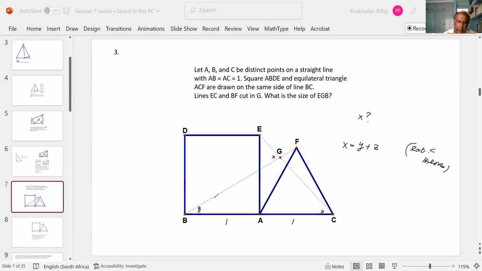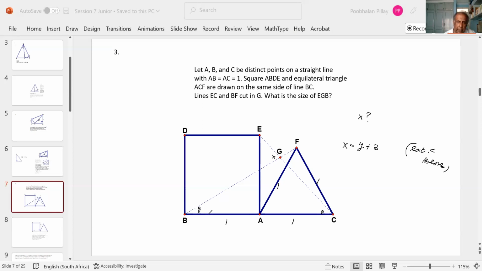Now Y, you can see it's an angle here. But remember, this was an equilateral triangle, and this is 1, so all the sides are 1. If you look at this angle Y, it's an angle in that triangle there. How is Y created?